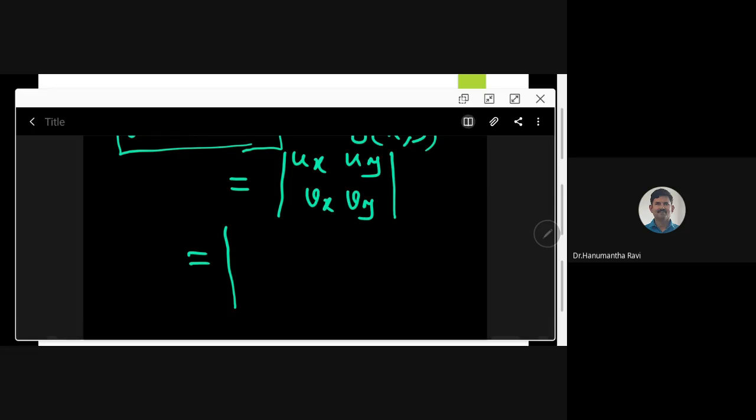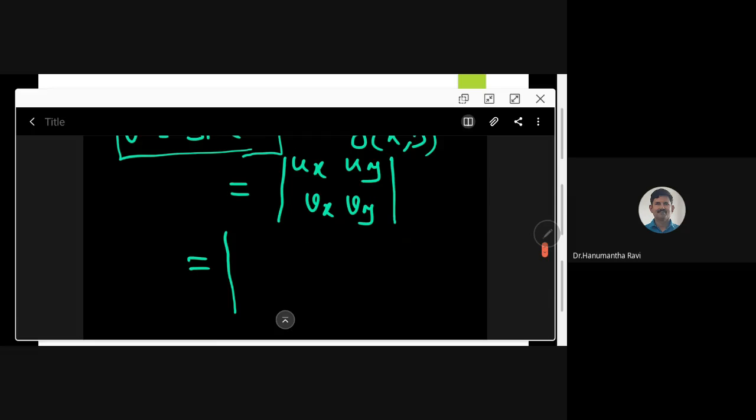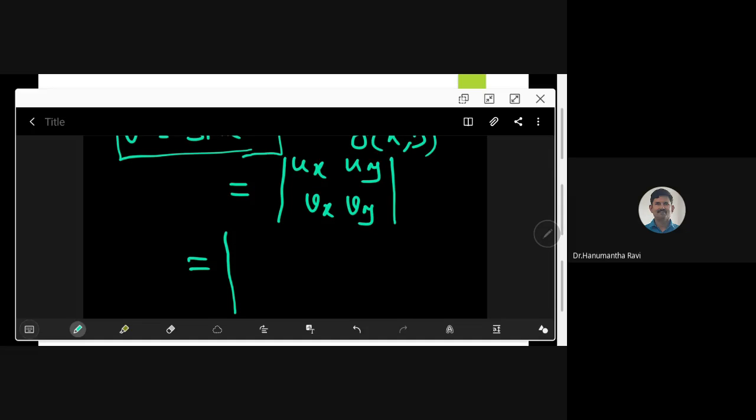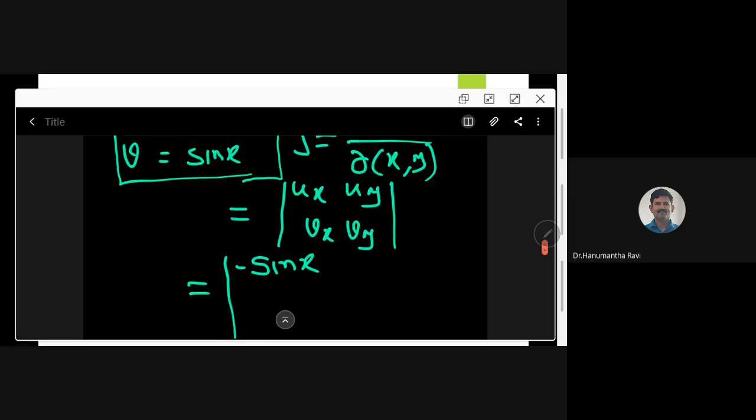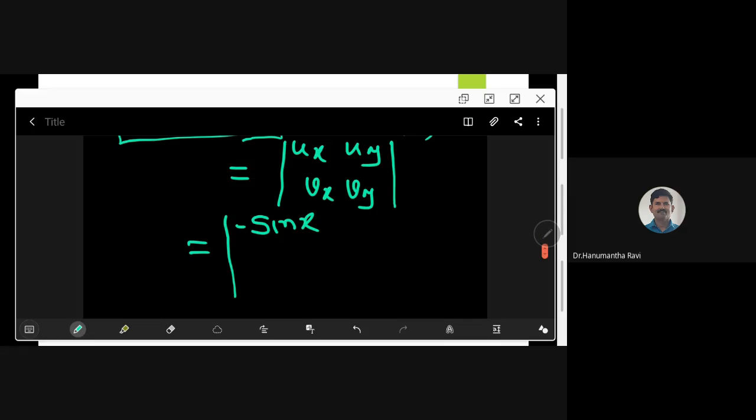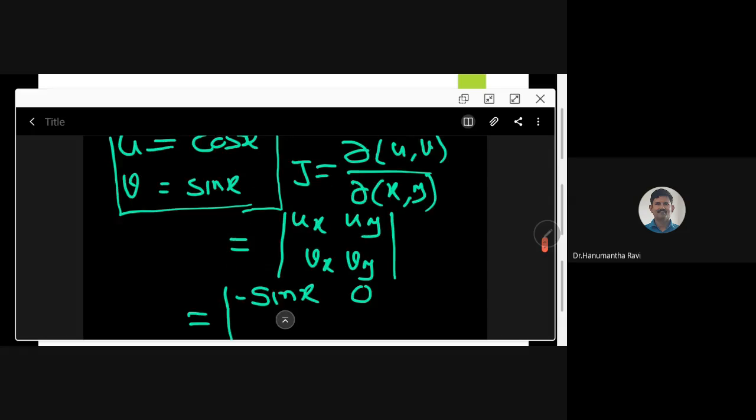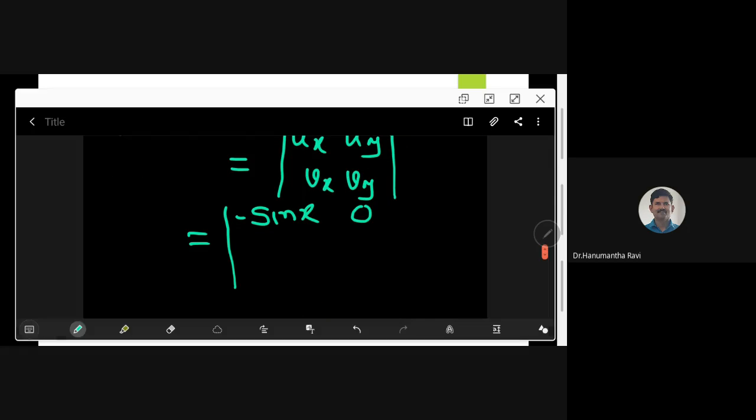Because u is cos x, dou u by dou x is minus sin x. And what is u_y? u_y, dou u by dou y, is 0. Similarly, what is v_x? v_x is cos x. And what is v_y? v_y is 0. So the determinant is 0.